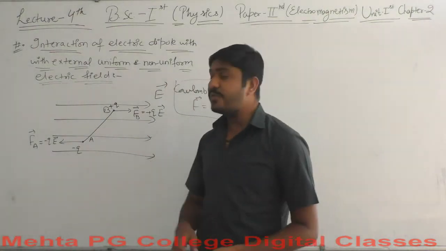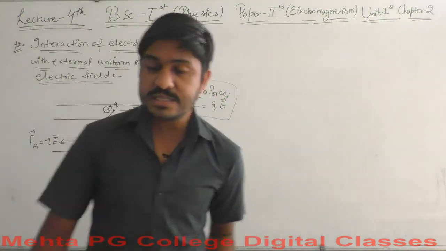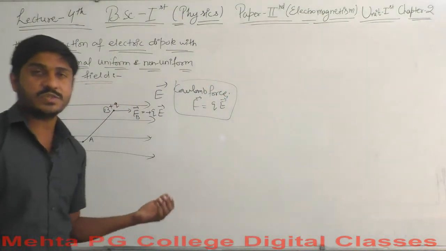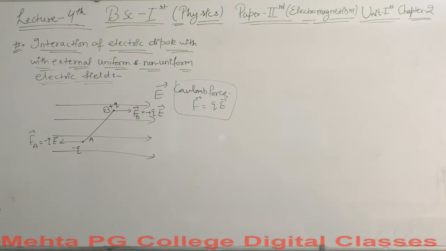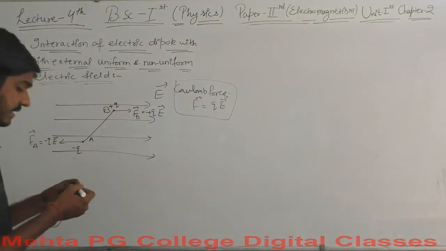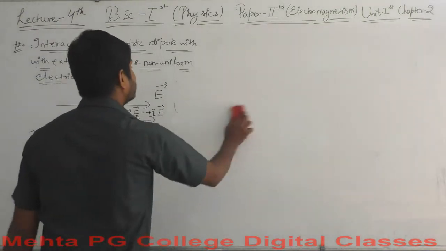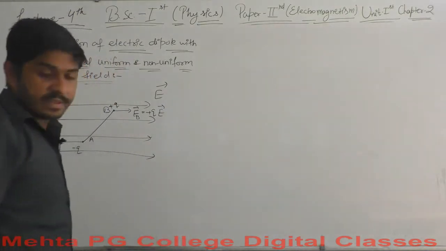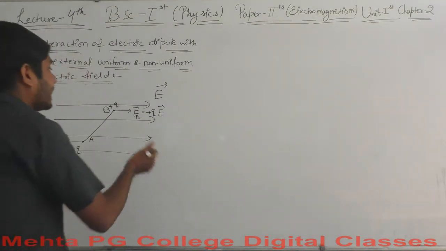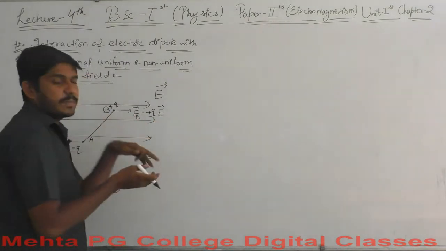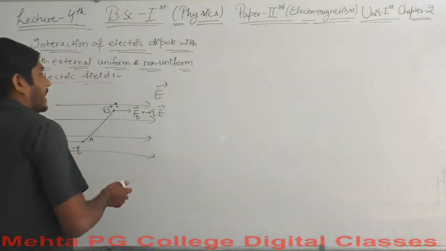Now if you are asked to calculate the total force here, what should be the amount of total force? One thing to consider here: not the Coulomb force. Coulomb force is not to be considered any longer. This electric field E, as you can see, shows parallel lines, and the magnitude should be the same at every line.